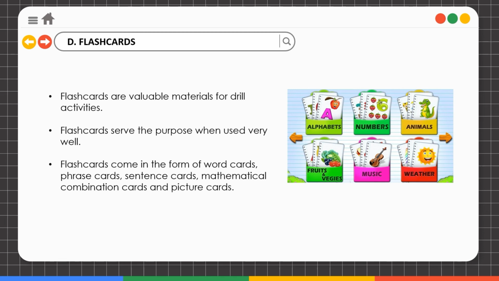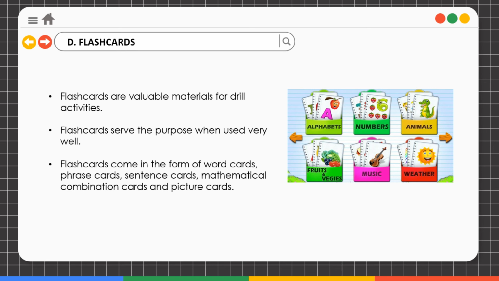So flashcards are valuable materials for drills activities, particularly in the teaching of mathematics, English, and Filipino. Drills are very important means of fixing the skills and automatizing the response of the pupils or students. So flashcards serve the purpose when used very well.